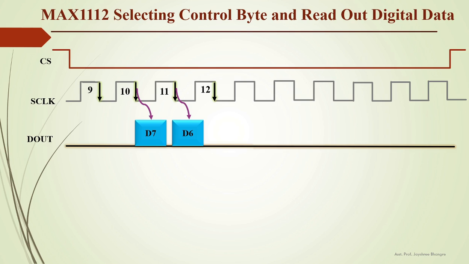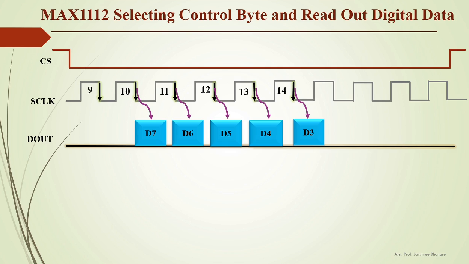Similarly for the 12th clock pulse, at the negative or falling edge of the 12th clock pulse, the D5 bit will be read. For the 13th negative edge, D4 will be read. Then at the next falling edge, the D3 bit will be read out of the chip.